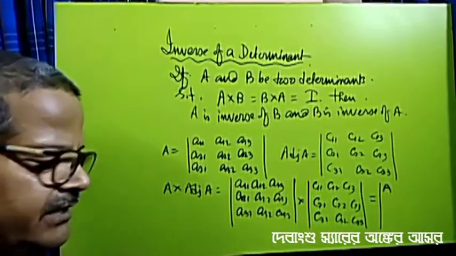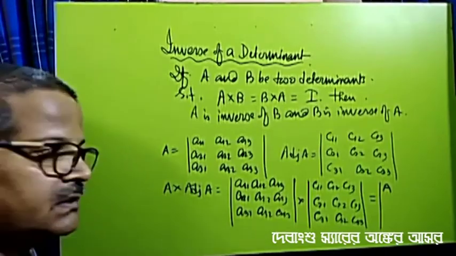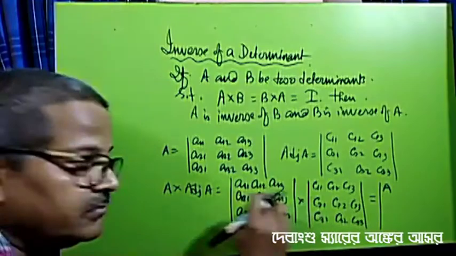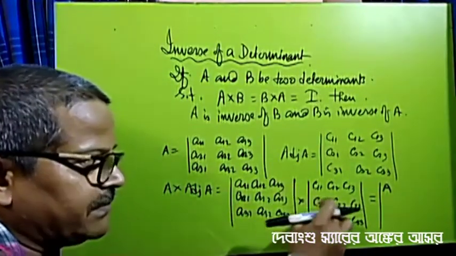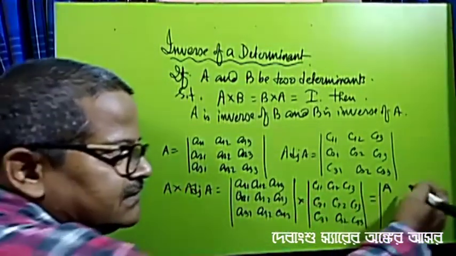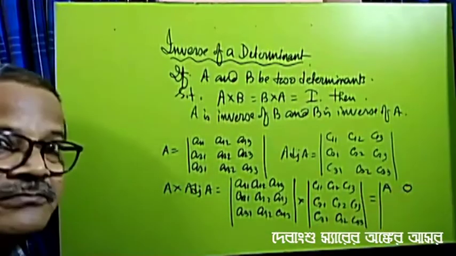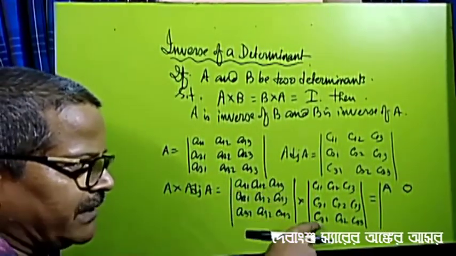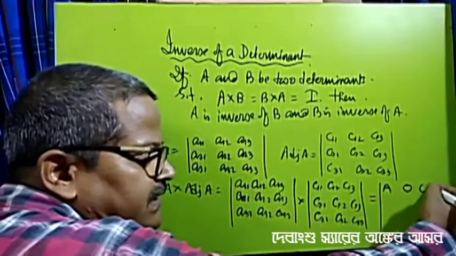So the first element is A. Now these two elements: first row elements are multiplied by second row cofactors. So that is 0. First row elements multiplied by third row cofactors, again 0.